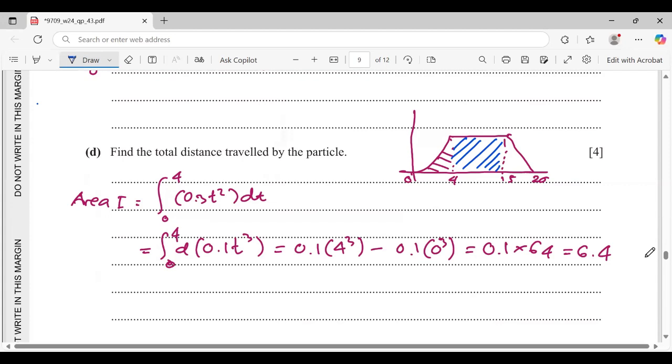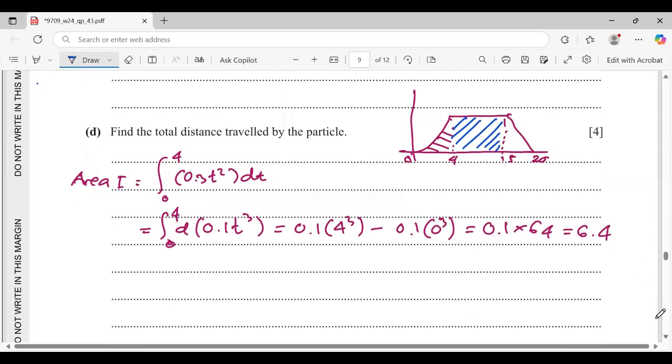The next area, the second area, is a rectangle. This is 11 and this is 4.8. So 4.8 times 11 is 52.8.